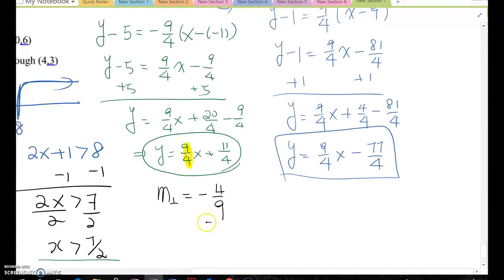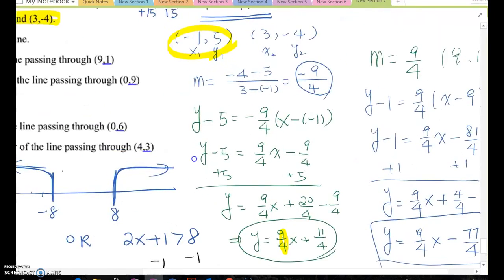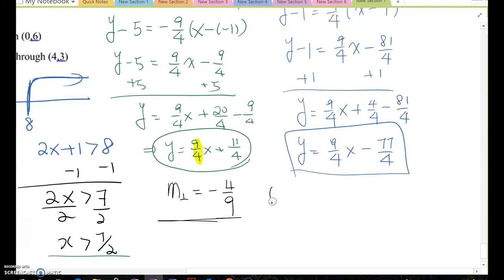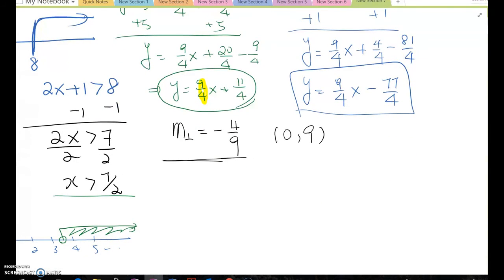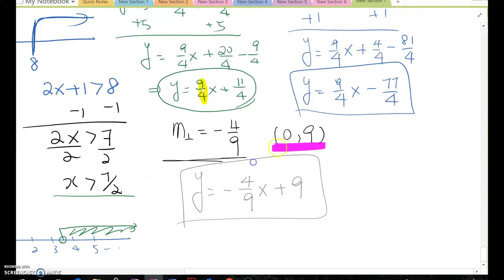Then this is the slope, and it passes through the point 0, 9. If you know this is already the y-intercept, then this question will be much easier. So the answer becomes y equals 4 over 9 x plus 9. Because that's the y-intercept, we just plug into y equals mx plus b, where m is 4 over 9 and b is 9. That's it. Okay?